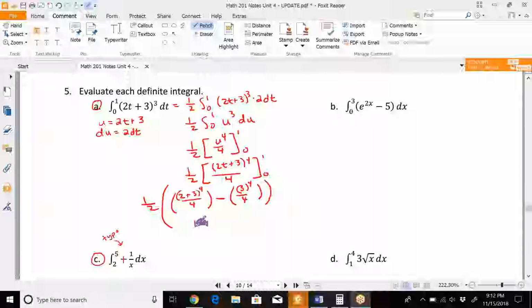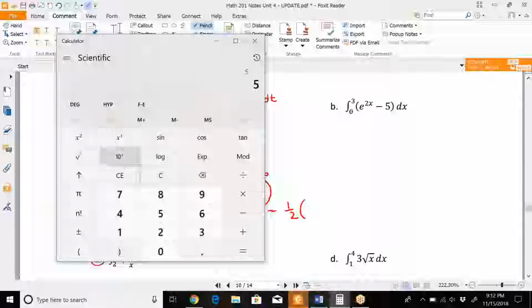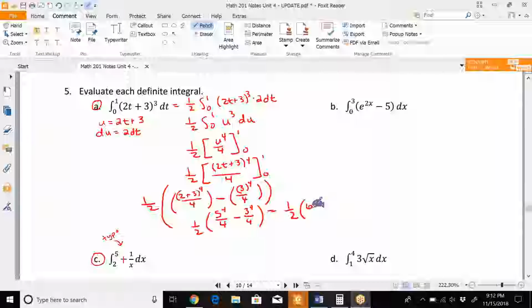So that is 1/2 5 to the 4th over 4 minus 3 to the 4th over 4. So that's 1/2 of, I don't know 5 to the 4th off the top of my head. I want to say it's 625, but that's a guess. Yeah, 625. So 625 over 4 minus 81 over 4, because that's 3 to the 4th.